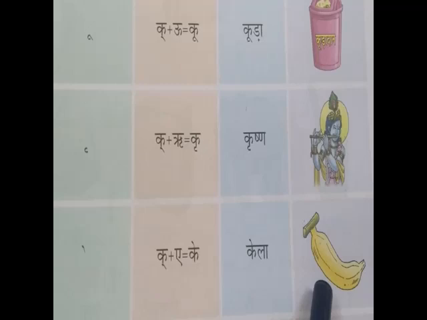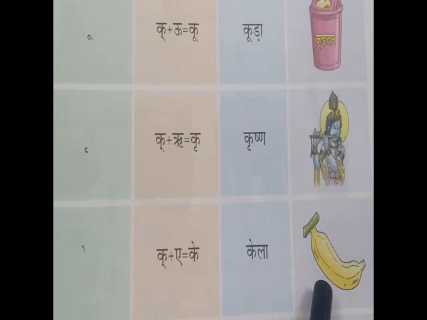Okay, once you write it in English, the same sound you will get in this one also. Kailash, the ai sound will come. And Kailash is Kailash Parvat. Parvat is mountain. So Kailash is the name of the mountain.